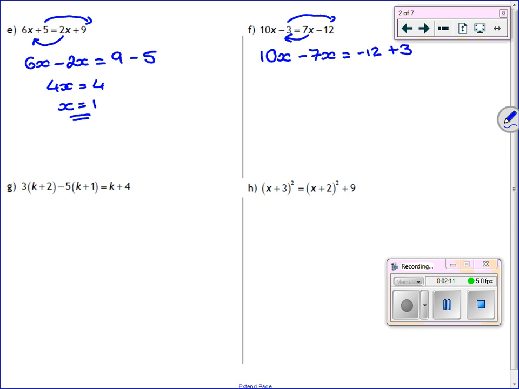So 10x take away 7x would give me 3x is equal to minus 12 plus 3, which is minus 9. So 3x is minus 9, divide both sides by 3, so we get x is equal to minus 3.